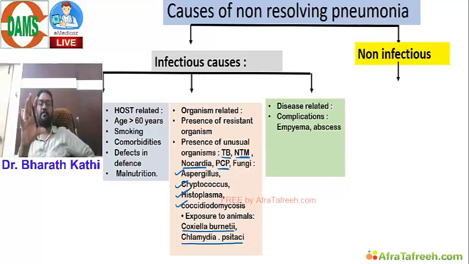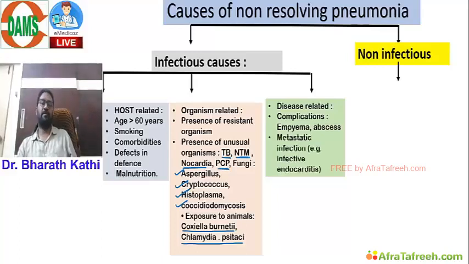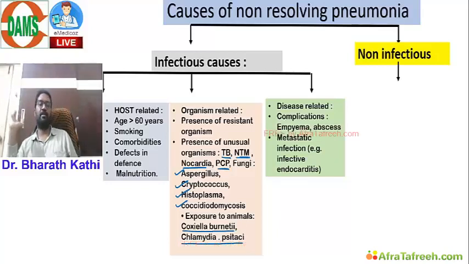And third is disease related. So there was an infection, you started giving antibiotics, but unfortunately there was a complication of the disease. There might be development of empyema or lung abscess. For empyema you have to put an ICD and drain. For lung abscess the treatment is completely different. Or metastatic infection. You thought it was bacterial pneumonia all the time, but the patient had infective endocarditis that migrated into the lung, and that was the reason for this non-resolving pneumonia.